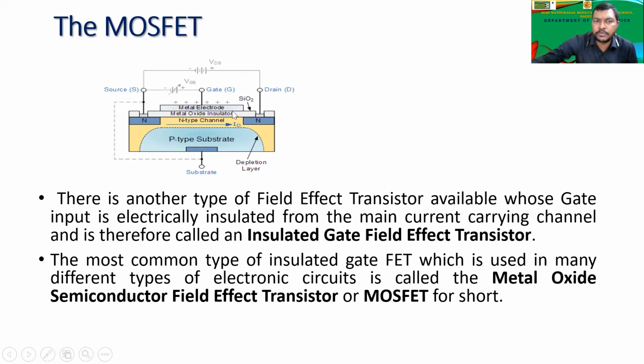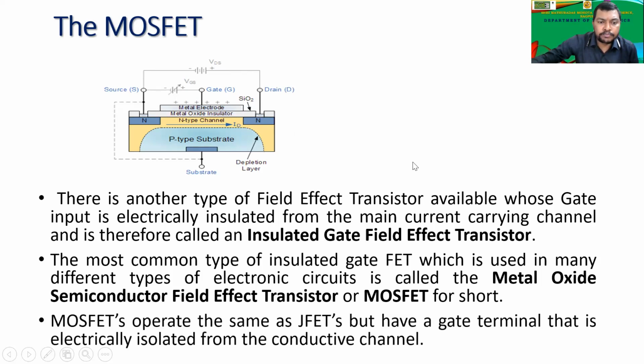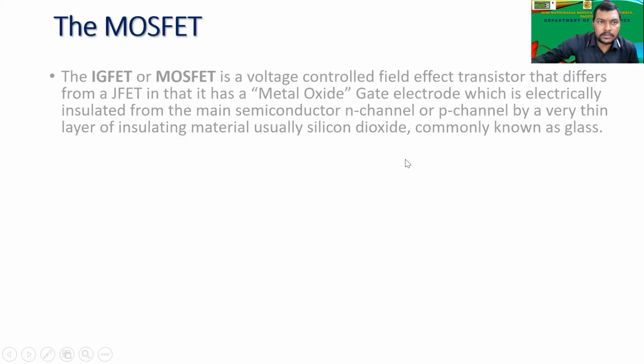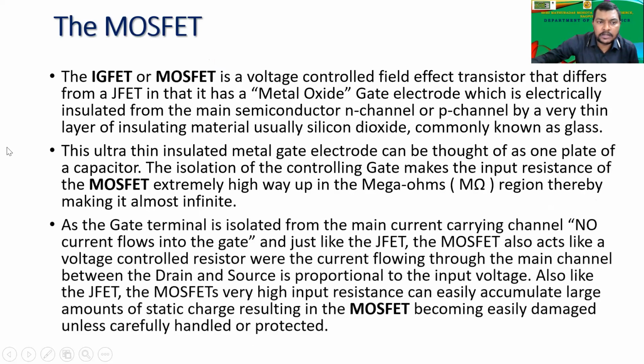The main difference between the enhancement MOSFET and this one is that it has an N-type material kept in between, so the current flows nicely when we connect the gate and source voltage. So the insulated gate MOSFET, these are all the theory portion of it.